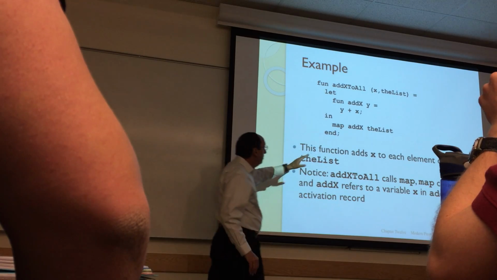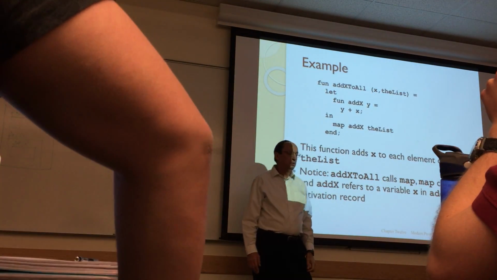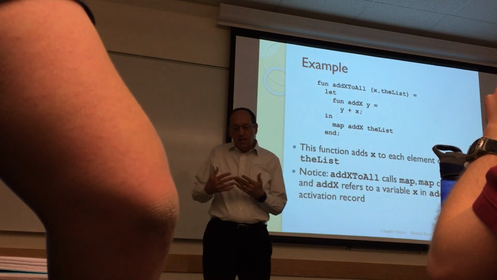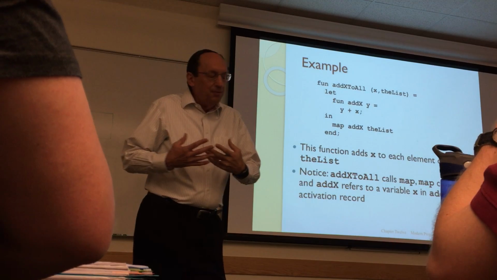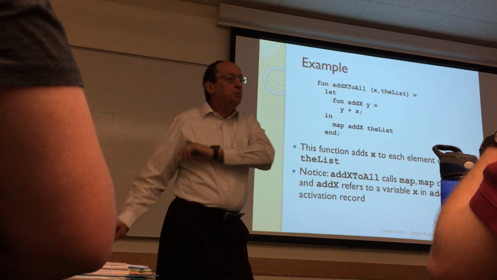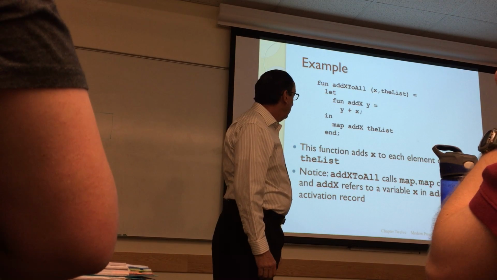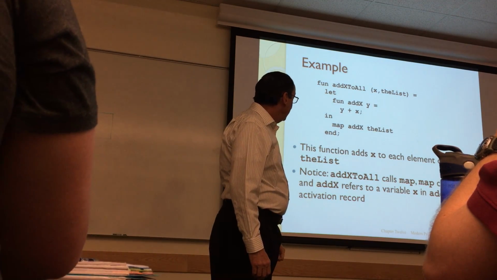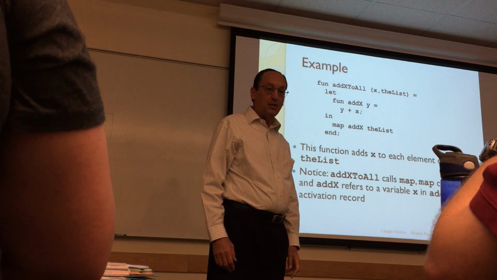The thing is that we're passing add X to map. So now we have to say, how is add X going to find X when it's been passed over to map? Well, the only way it's going to find it is if it can refer to the activation record of add X to all.